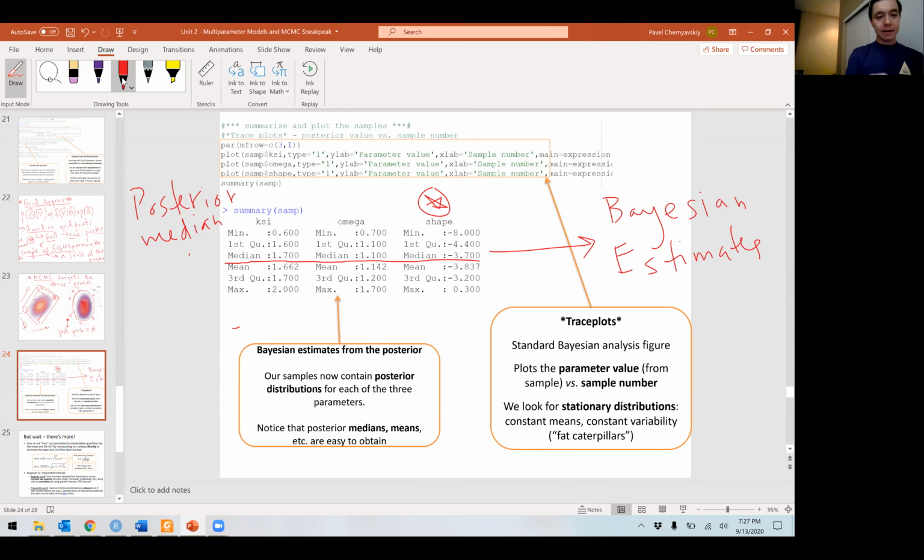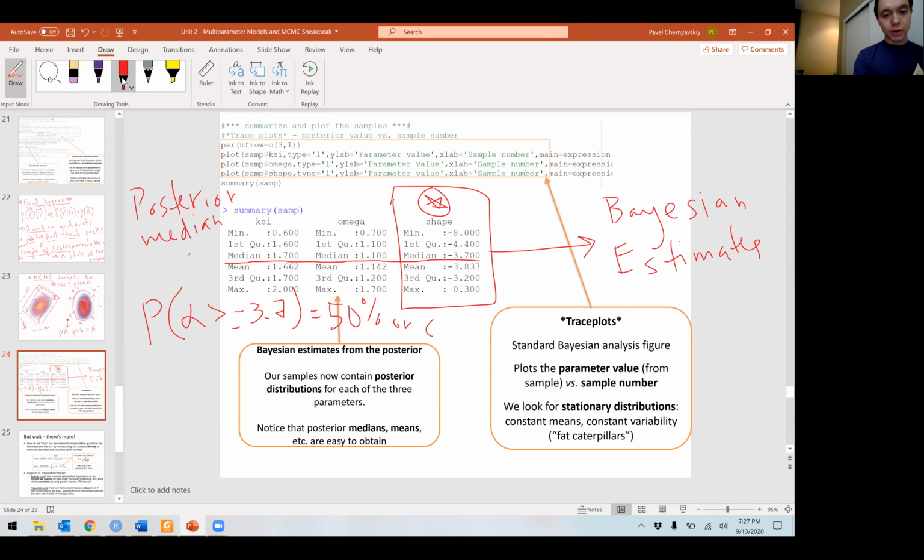Because the median is the 50th percentile, you can also make a probabilistic statement. So I'll focus on the shape. I can say that the probability that alpha is greater than negative 3.7 is 50%, or 0.5. Why? Because it's the median. It's the 50th percentile.